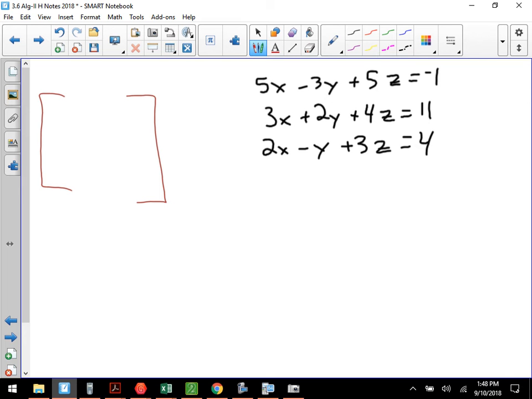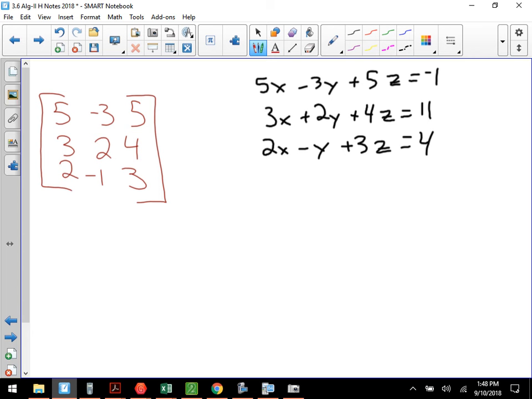Okay, they're brackets. Now, as I'm filling it in, what did I fill that with? Numbers. More specifically, where did I get those numbers from? From the equations, right?